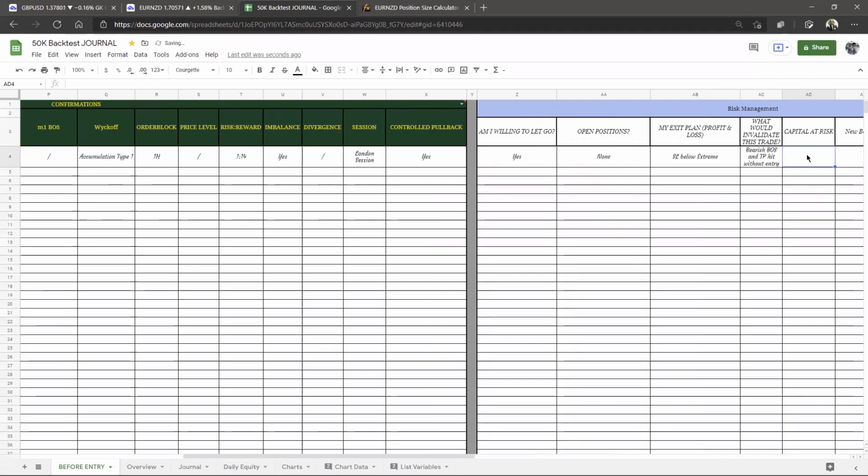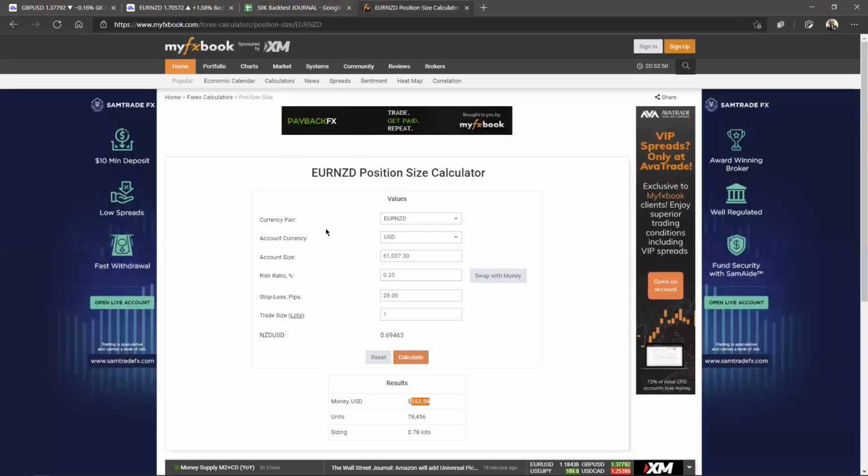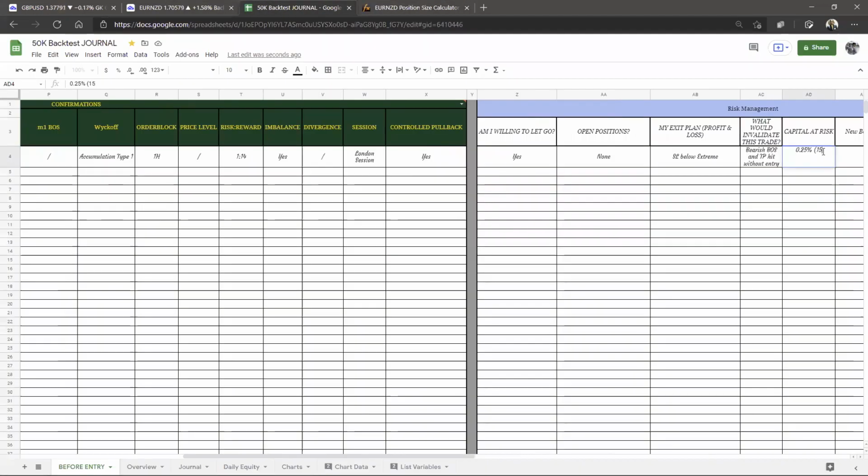Capital at risk, so we've put 0.25%, which is 152.59.